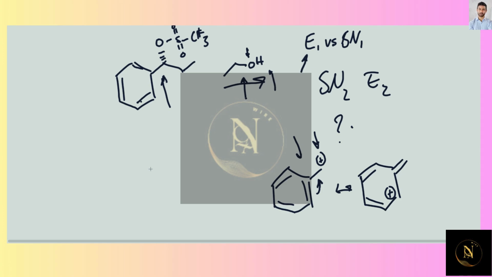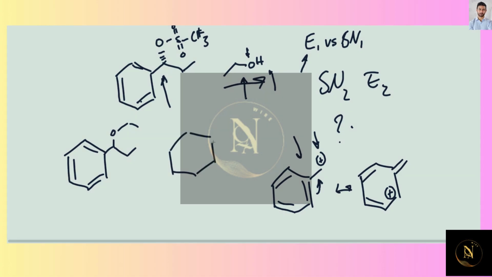I think the final, probably most important thing in deciding E1 versus SN1 is to look at the products. Consider what if it does go through SN1, right? Okay, that's the SN1 product, the substitution product. The elimination product is a conjugated system.